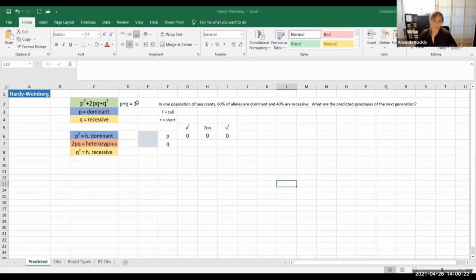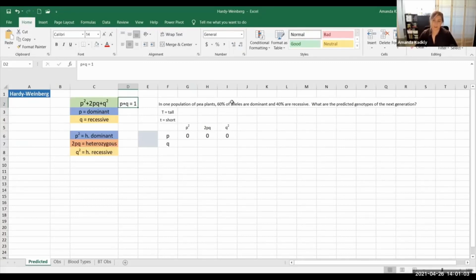So that's what the p plus q equals 1 part is referring to. p stands for the frequency of the dominant allele and q stands for the frequency of the recessive allele, and the combination should add up to 1 or 100%. If we were just told 60% are dominant, we would be able to figure out the frequency of the recessive alleles, just knowing that they have to add up to 100%.